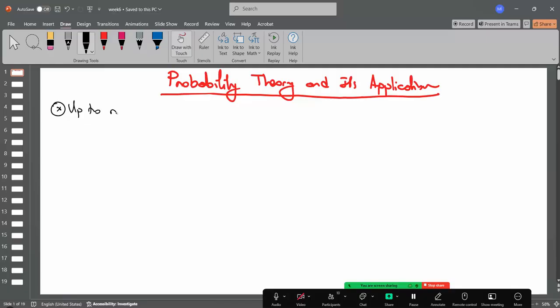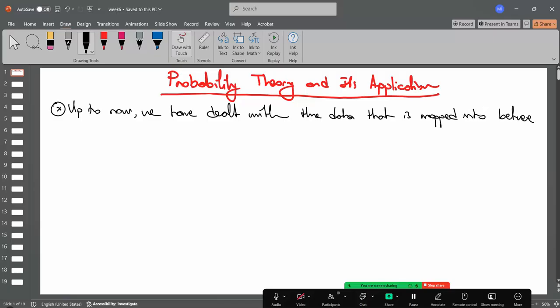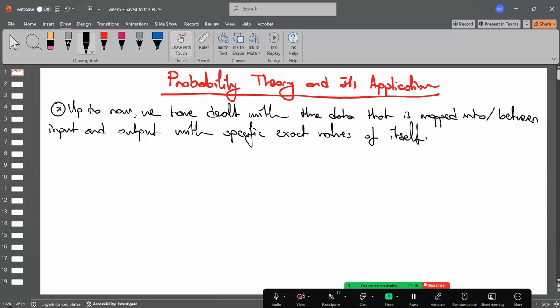Up to now, we have dealt with data that is mapped between input and output, okay, with specific exact values of itself. Okay.